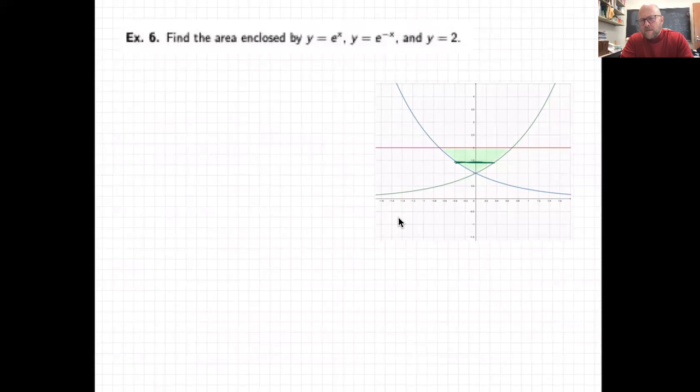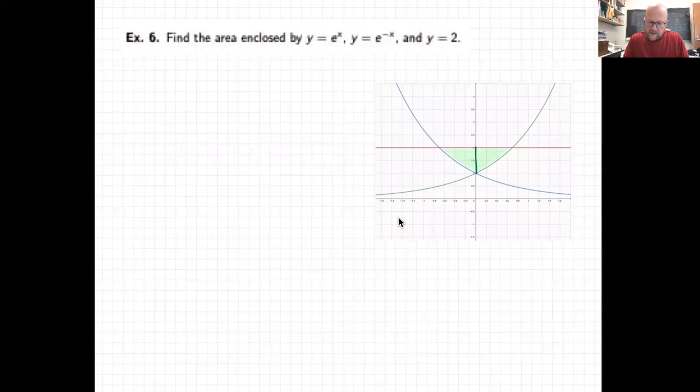The problem that I see is that if we do it with the horizontal slices, we're going to have to solve for x, and that's going to involve a logarithm. And the integration trick for logarithms is something we haven't quite hit yet. So we're going to go ahead and split this region into the two parts, the left and the right.